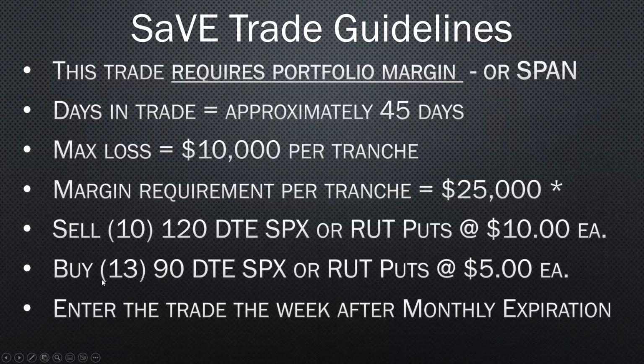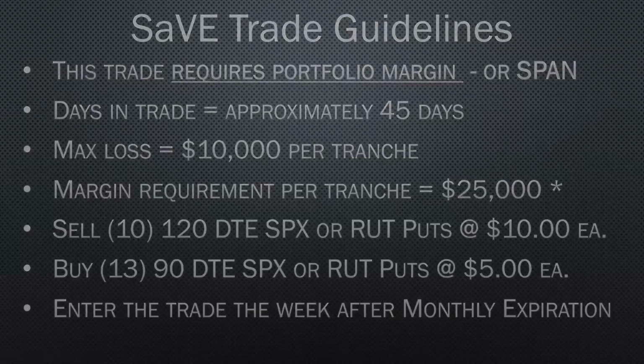We would send out 13 times $500. So there would be a net credit between the two. We're going to talk about the 120 and 90 days in just a moment. We would enter the trade the week after monthly expiration. That's not a hard rule. You can enter it any day that you like, but that's the best day that I have found.